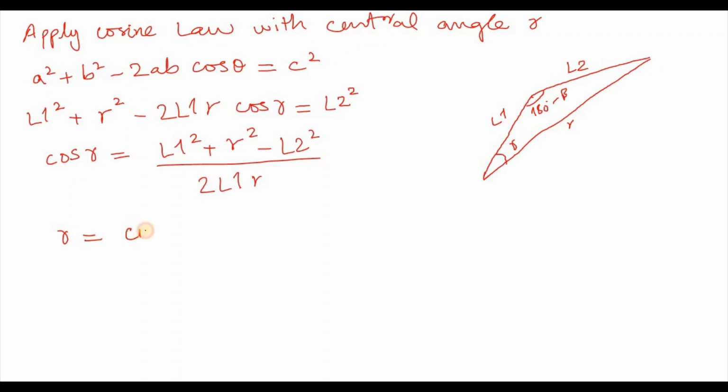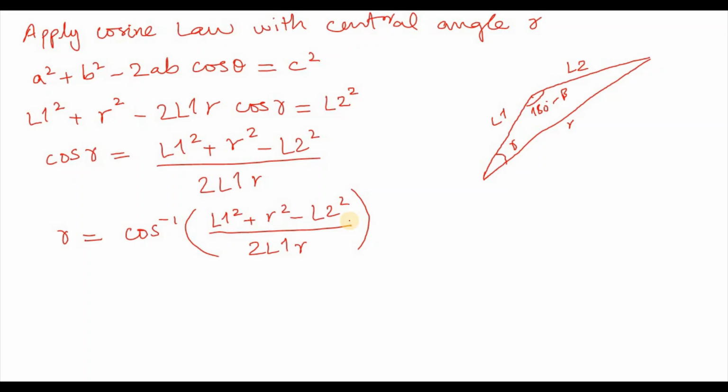Gamma will be equal to cosine inverse of L1 square plus R square minus L2 square divided by 2L1 R.